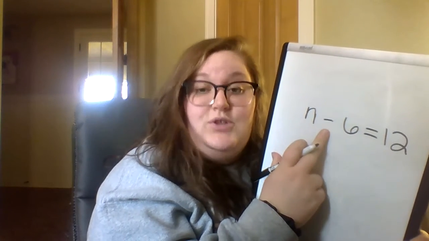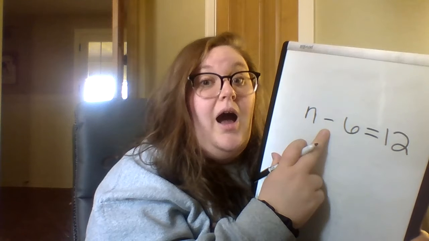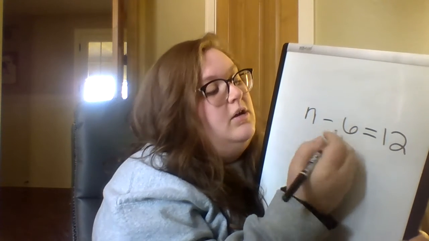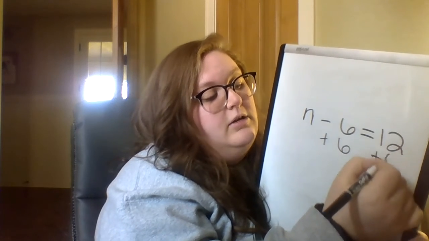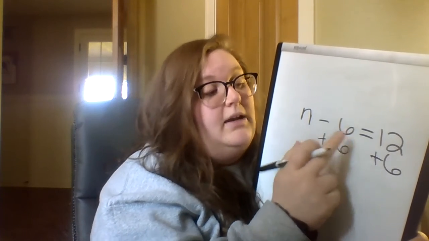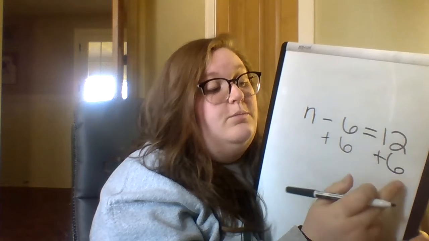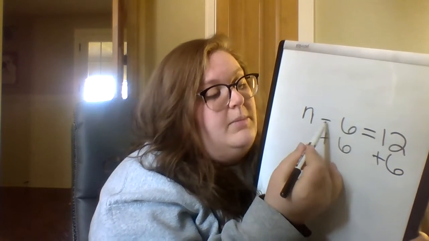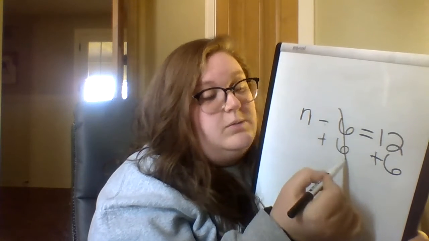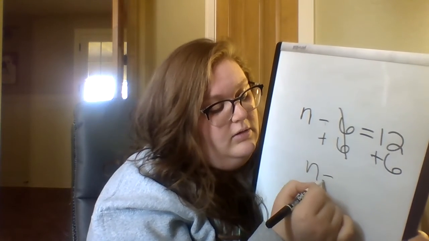So because this is a subtraction, we're doing the opposite of subtraction. So now we're going to add 6 to each side. So remember, whatever you do on one side of the equal sign, you must do the same thing on the opposite side. So because these two cancel out, guess what? Now I'm left with n.